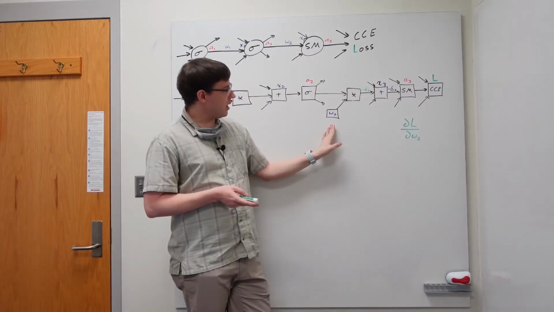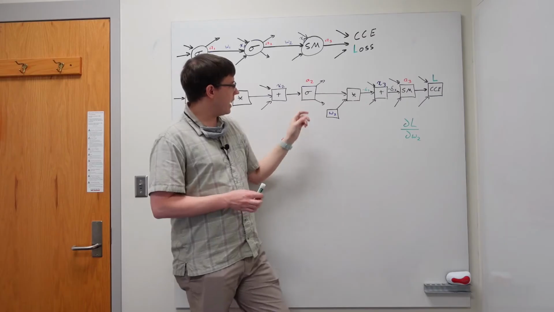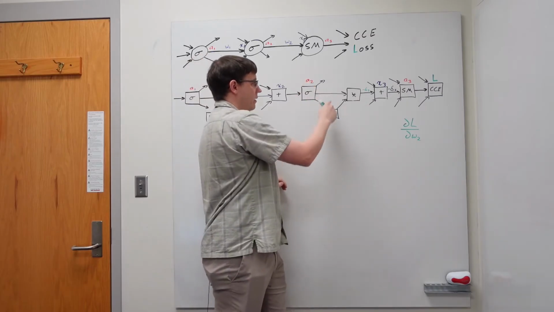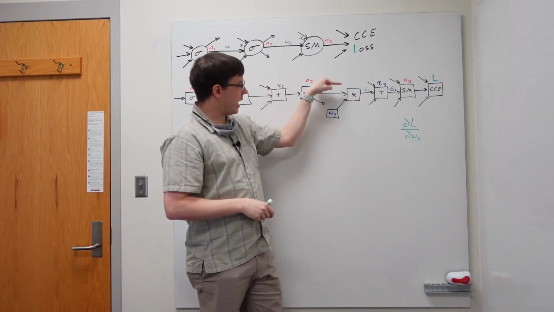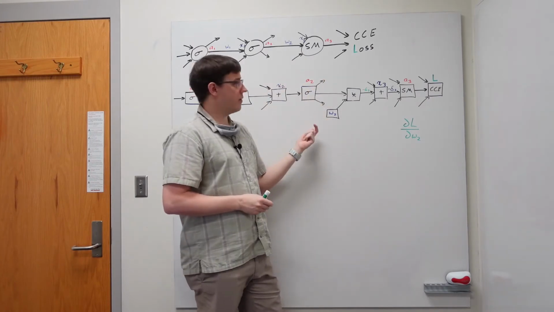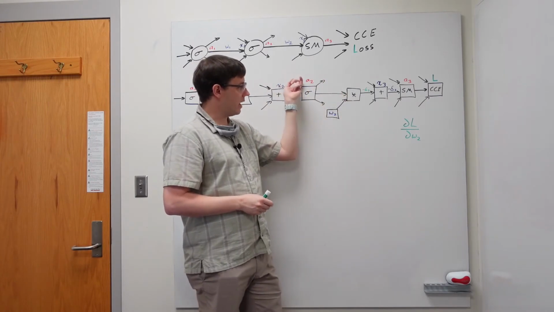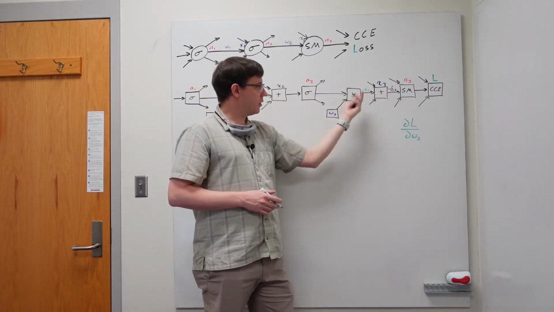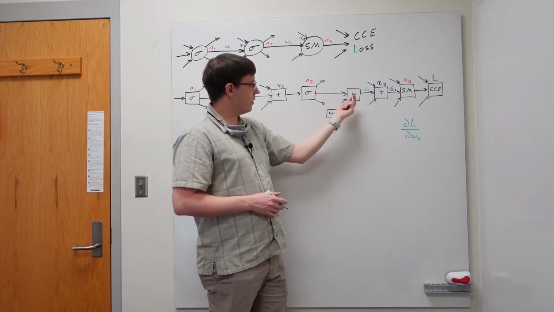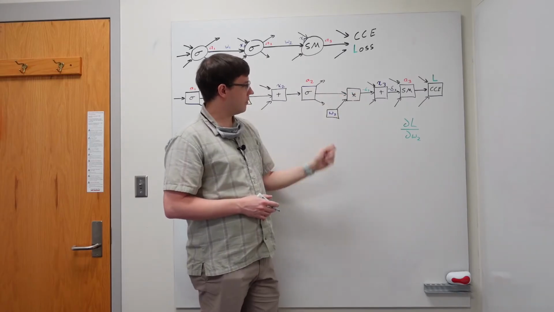For a multiplication operation, we know that if we have two values, a times w, then the derivative with respect to a is w, and the derivative with respect to w is a. And so when we apply the chain rule, we will take the derivative so far and multiply it with the derivative of this node.